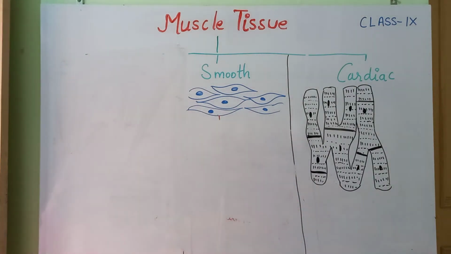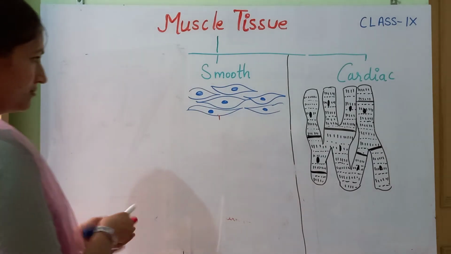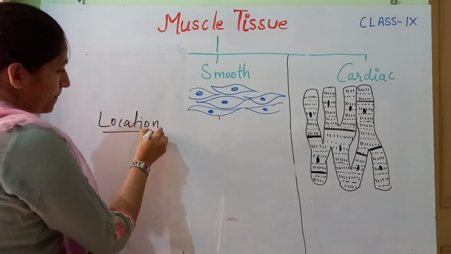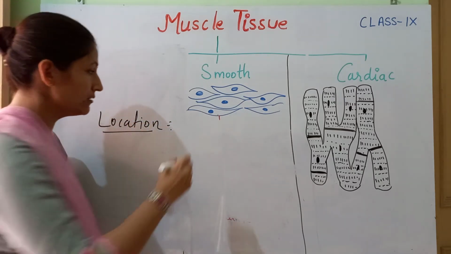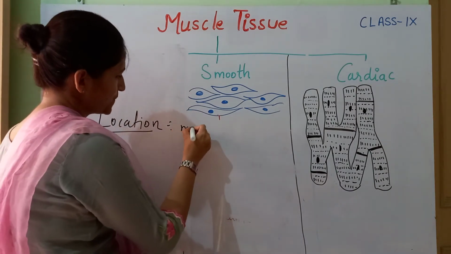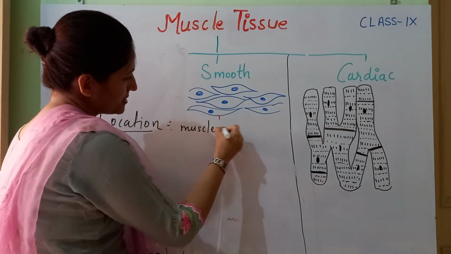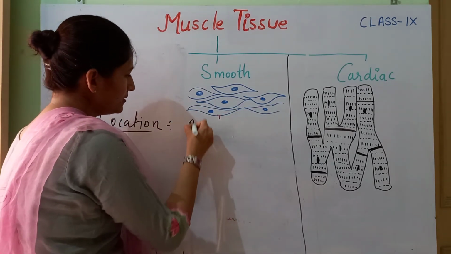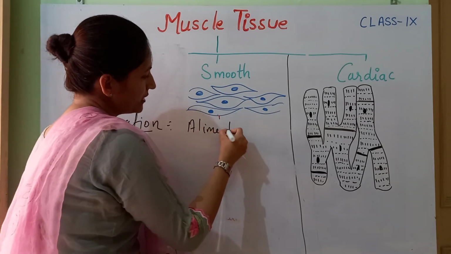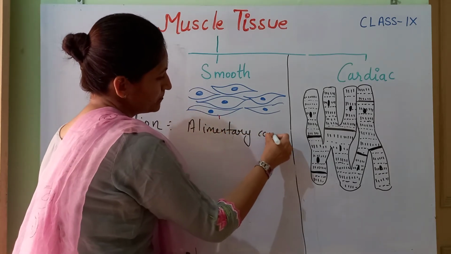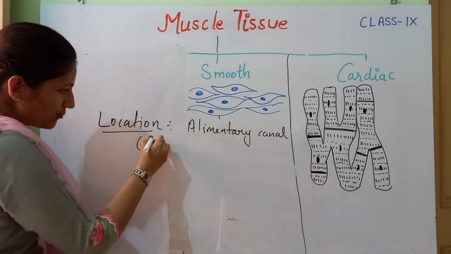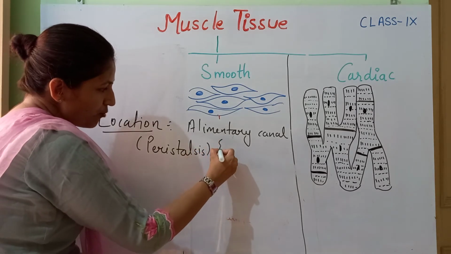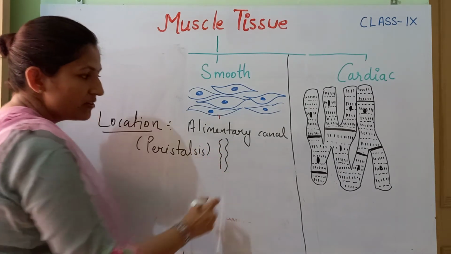Now we'll see where they are located and what kind of movements are performed by them. Location: they are located mainly in the alimentary canal, where they show the movement called peristalsis, the wavy movement shown throughout the alimentary canal.